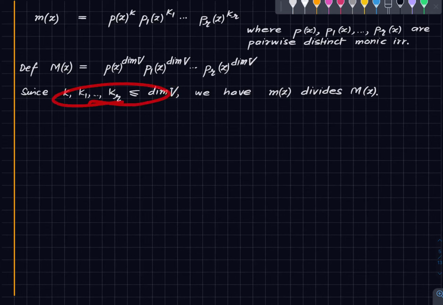So this obviously implies that MT is the zero polynomial, the zero endomorphism. Therefore, V is nothing but the kernel of MT.